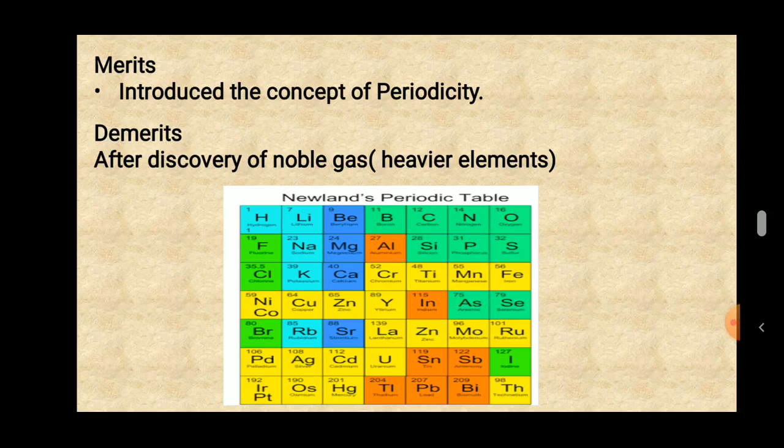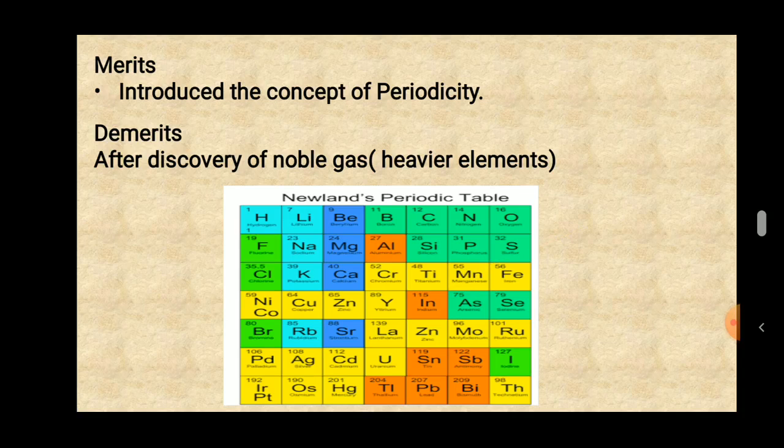Now what are the merits? He introduced the concept of periodicity. What is the meaning of periodicity? He said that the first element's property is almost equal to the 8th element's. So periodicity means the properties of elements are similar after certain intervals, after a certain gap.